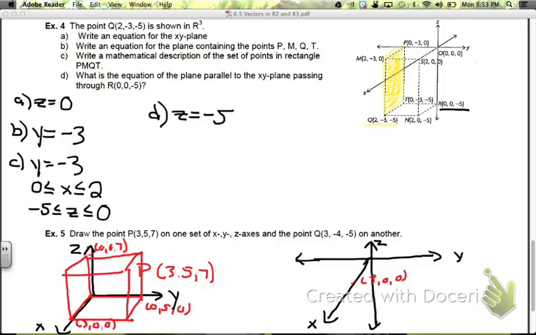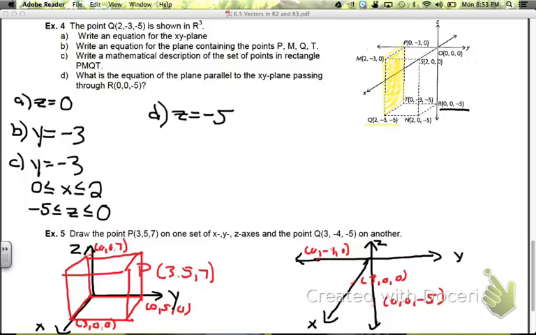Now looking at our y-axis, so 0, -4, 0. From the origin, you're going to move over -4. So you're moving left in this case. So 0, -4, 0. And then on my z-axis, I'm going to move down -5. So that point is 0, 0, -5.